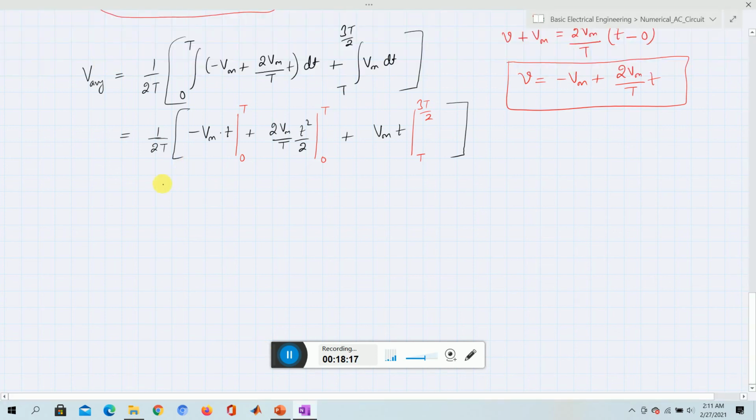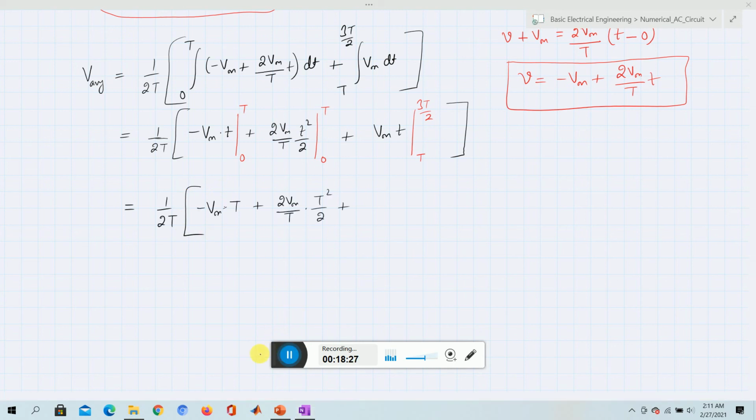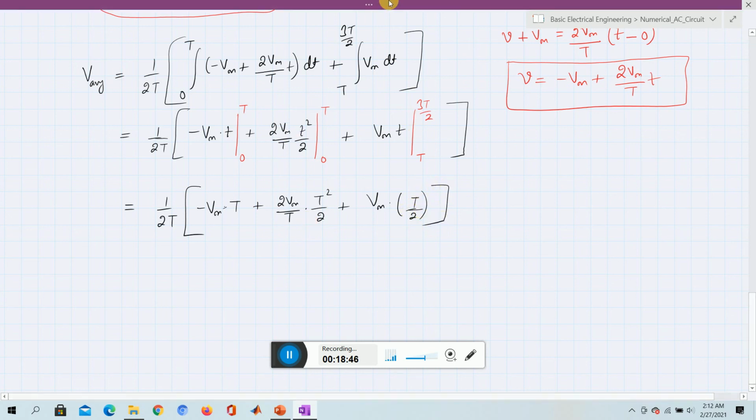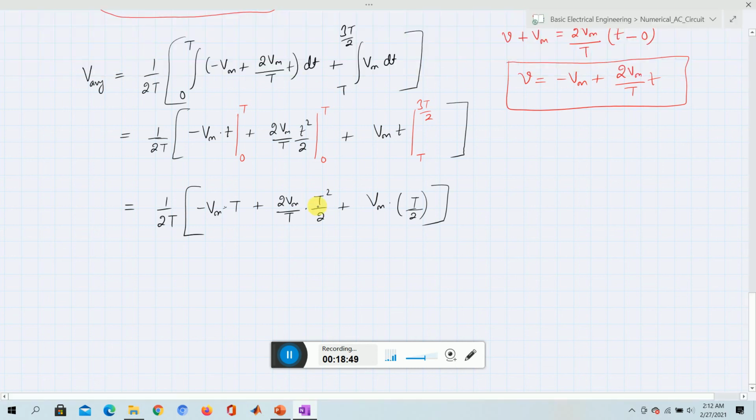So we can just evaluate this. Here we can write Vm times 3T by 2 minus T, so that is T by 2. This T and this cancel out.